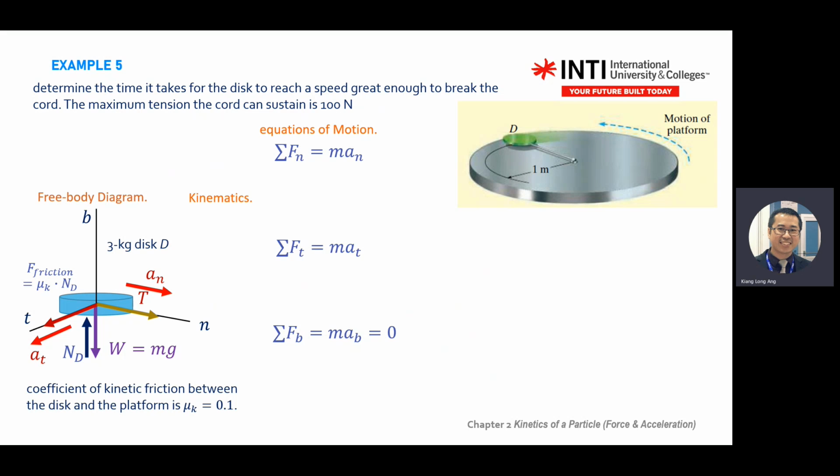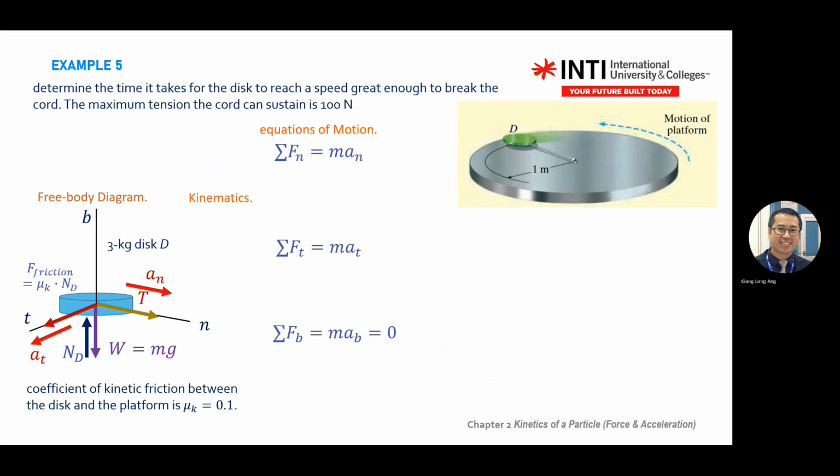We have three directions: tangent, normal, and B. And in this case, the sum of forces in B equals 0, because the disc remains floating in position. You do not fly up or sink into the surface. So for the B axis it equals 0.